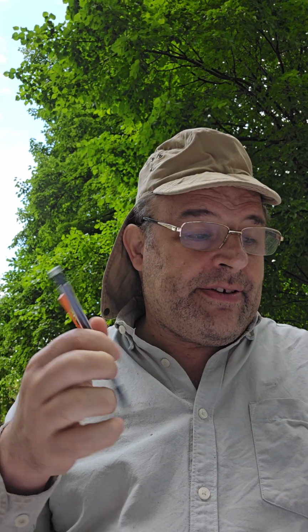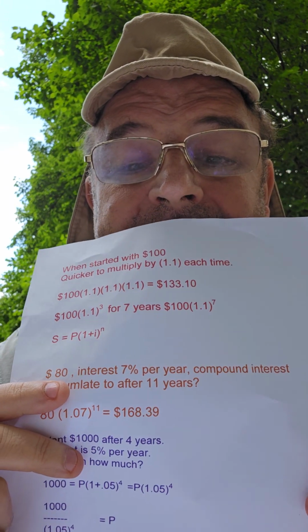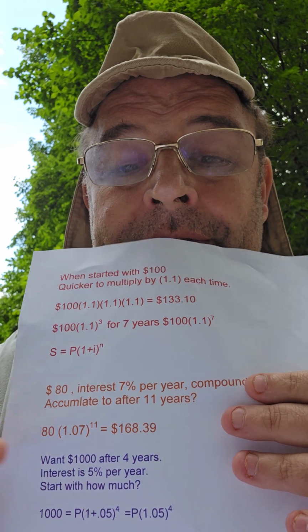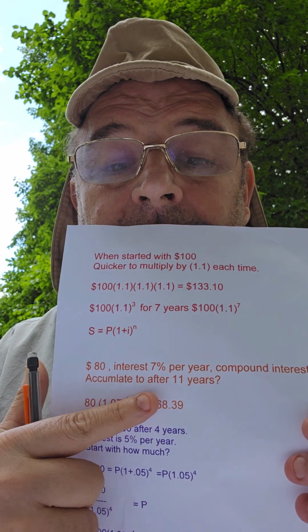So okay, now that we understand interest, to give mathematics meaning, I always make up questions to show how it works. Okay, we've got $80, and we put it in a bank account at 7% for 11 years.